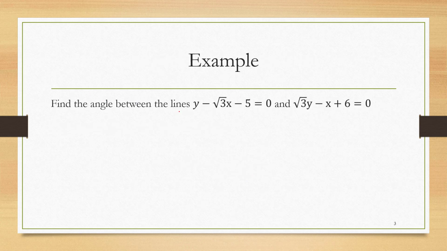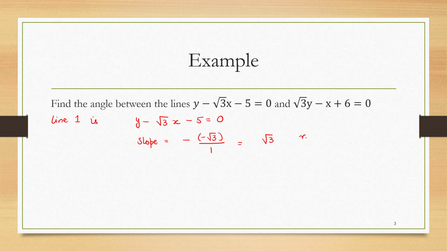Find the angle between the lines y minus square root 3 x minus 5 equal to 0 and square root 3 y minus x plus 6 equal to 0. So line 1 is given by y minus square root 3 x minus 5 equal to 0. Its slope is minus coefficient of x upon coefficient of y, that is square root 3.